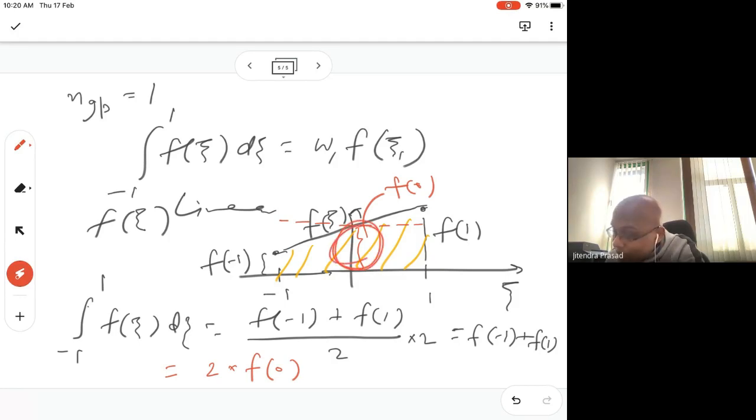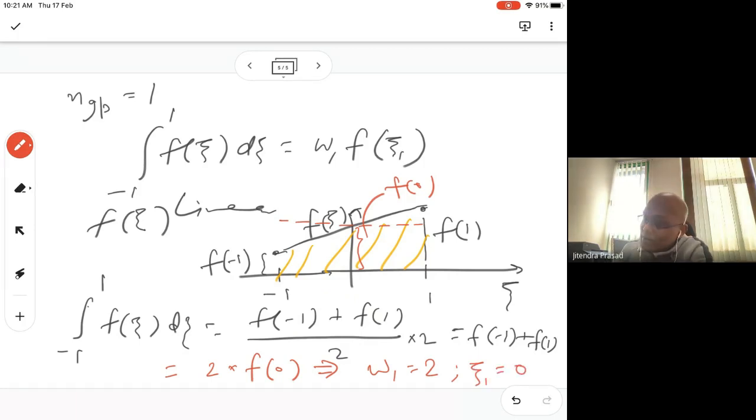This is f0. So that tells you that our w1 can be 2 and xi1 can be 0, and you get the answer. And this is the exact integration you get. This is one example.